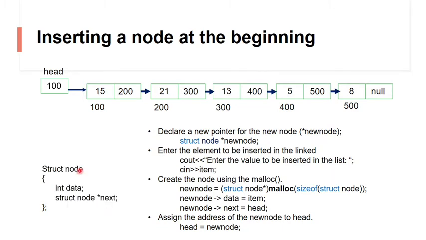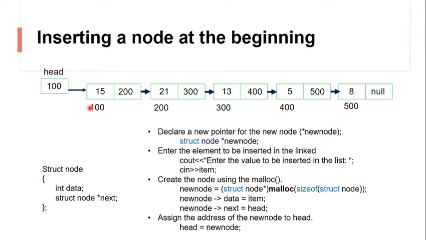The next node is 200, which goes with 21. The next node is 300, and so on until the last node, which is 8. And of course, remember that for the last node, the next pointer is blank, null. So on the list that we have on our screen, the first node was 15, under memory address 100.